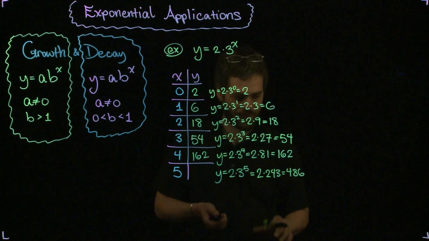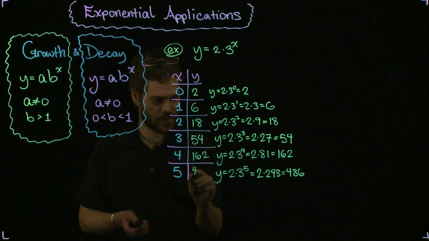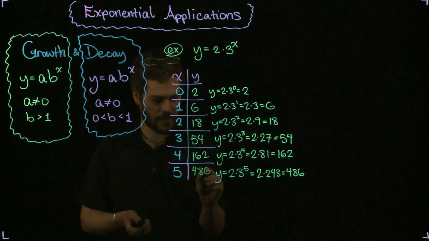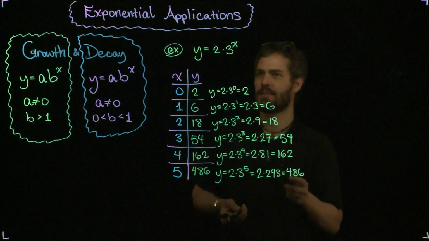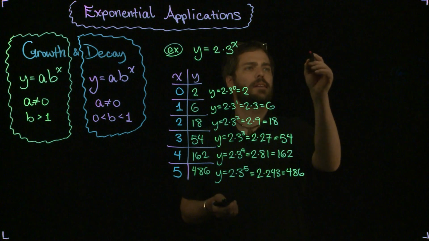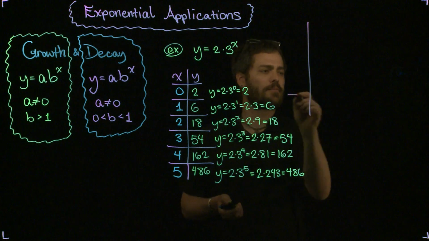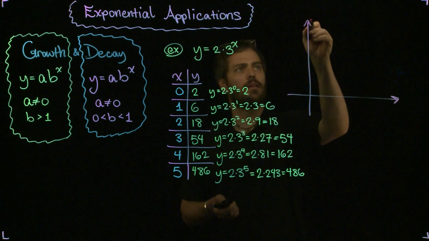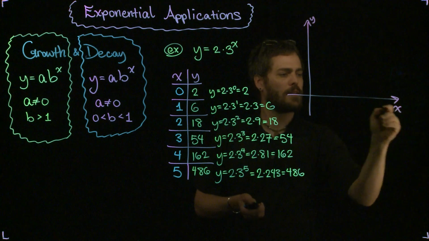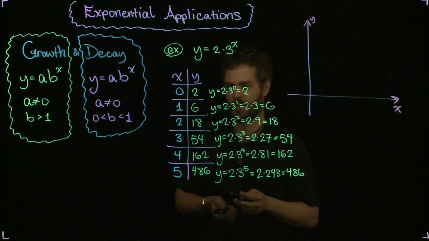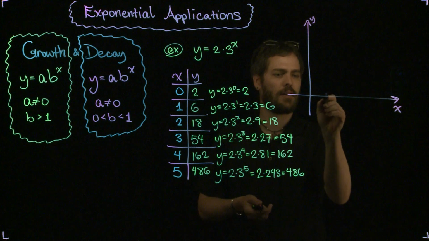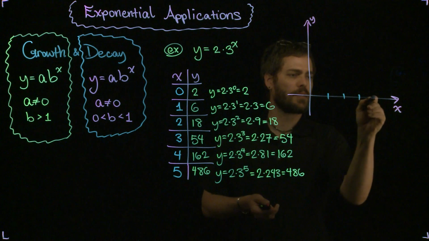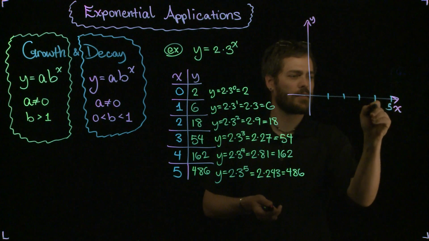Okay. So as you can see, these numbers are increasing very rapidly. That's why I was saying it'd be great if your bank account did something like that, right? Let's take a look at what this looks like on the XY graph. The X values I put were pretty small, 0 through 5.